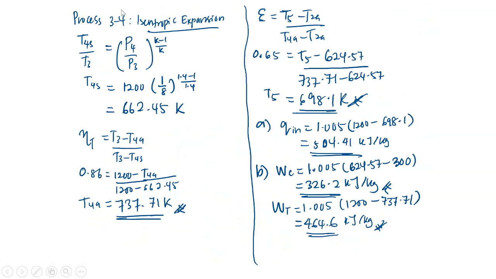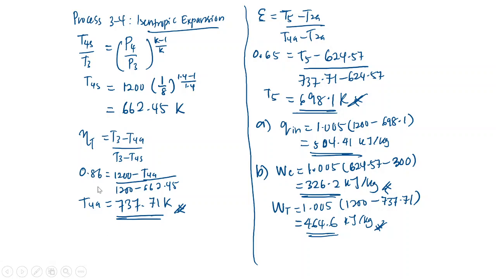So process 3, 4. For process 3, 4, the temperature at point 3 is given directly in the question. So we can determine the isentropic temperature at point 4 by using this equation. From this value we can determine the actual temperature at point 4 using the isentropic efficiency for the turbine.